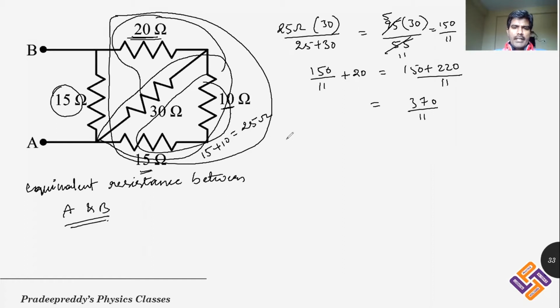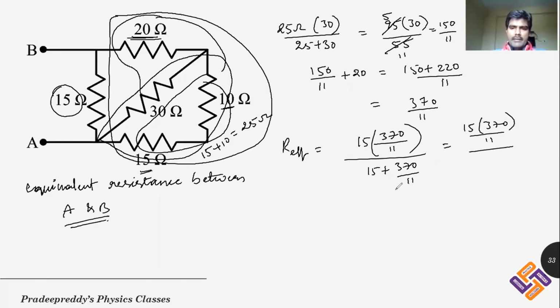So finally, effective resistance will be equal to 15 into 370 divided by 11, divided by 15 plus 370 divided by 11. I can write it as 15 into 370 divided by 11, and this is 15 elevens are 165, plus 370, divided by 11. 11 and 11 get cancelled.